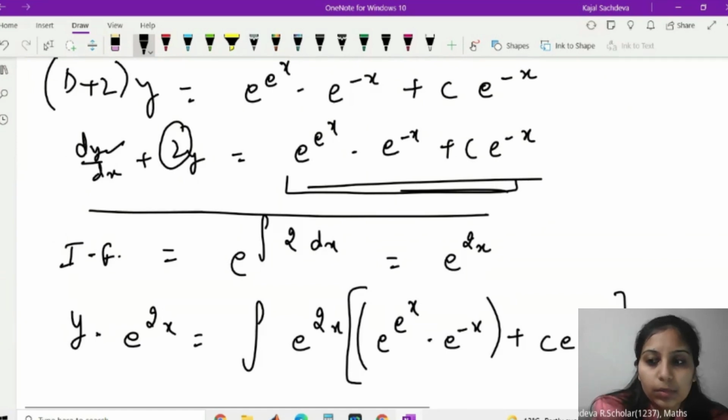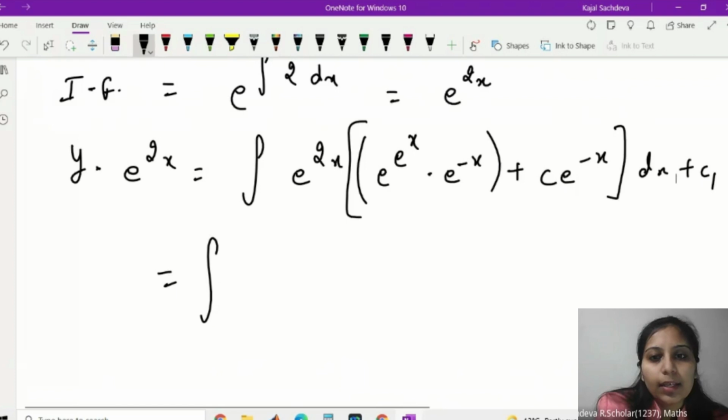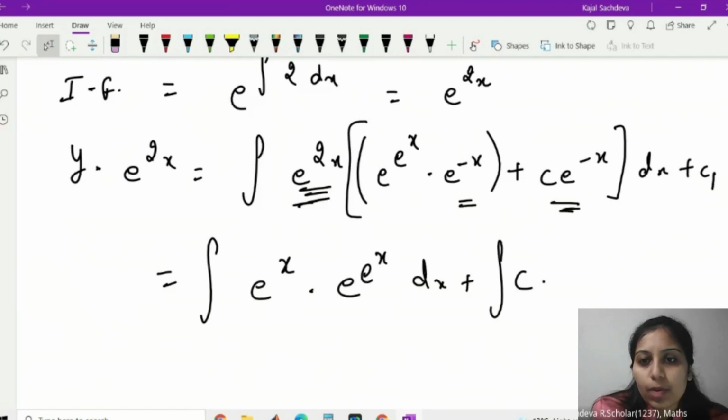So we get our solution as e raised to power 2x and e raised to power minus x is e raised to power x, e raised to power e^x, differentiated with dx, plus the next part c into e raised to power 2x into e raised to power minus x is e raised to power x dx, plus c1.